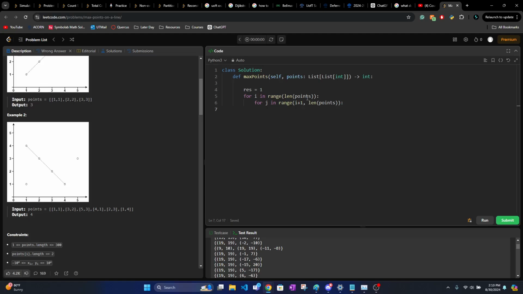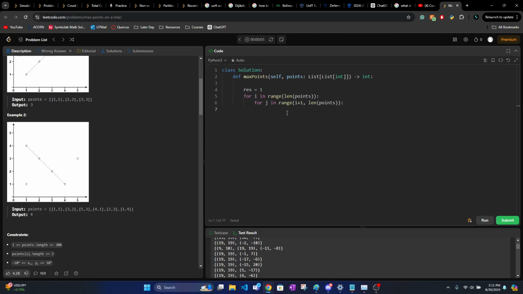We're doing it from i plus 1 because we've already checked. Say we have 1 1, and we start off with 1 1, and we can check all the other points from here, and then we go to 3 2, and then we check all the other points. We don't need to check 1 1 and 3 2 again because it's already been done. So we have to check the rest of the points. We can save some time by not counting the duplicates. Same time complexity, but just a little bit of optimization.